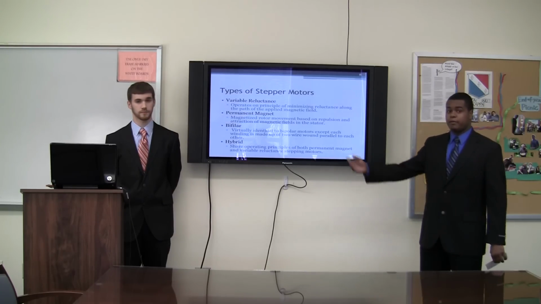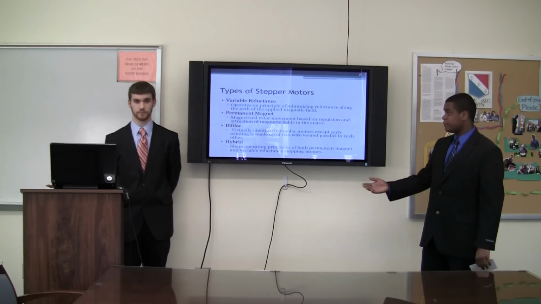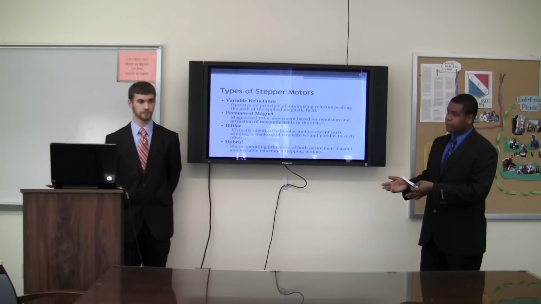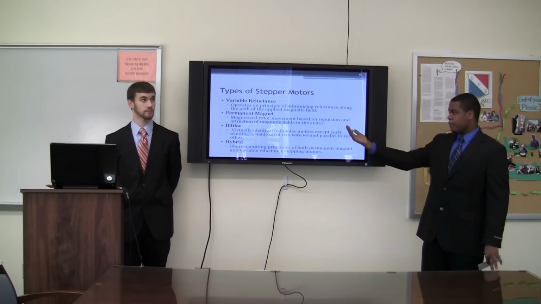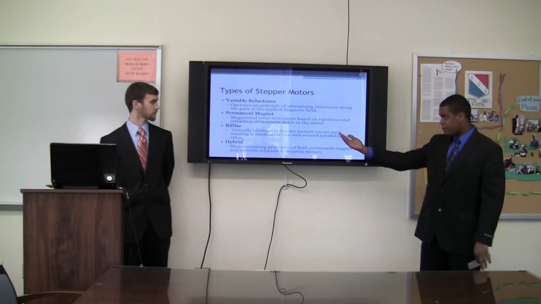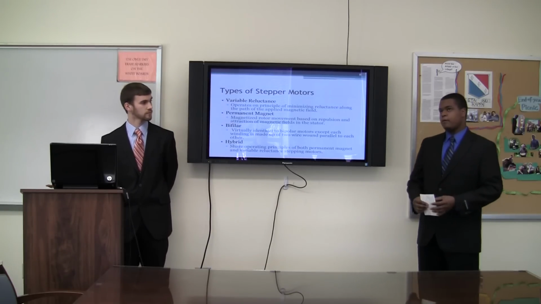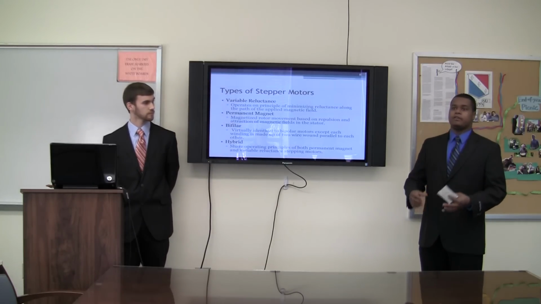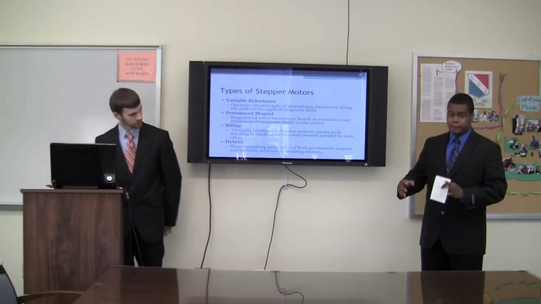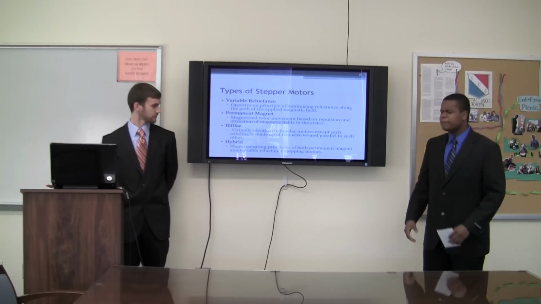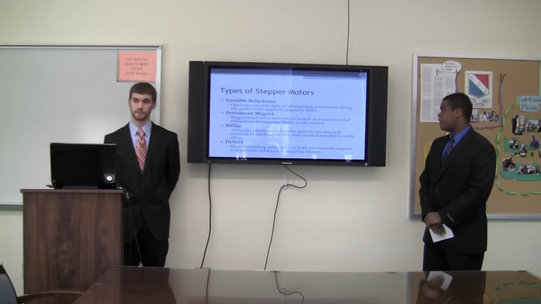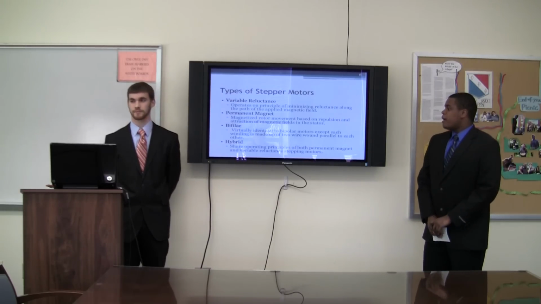variations of stepper motors. You have a variable reluctance, which moves from the highest reluctance to the lowest reluctance when you apply a magnetic field. And then you have a permanent magnet motor, which has a rotor and a stator with a permanent magnet inside of it, and it moves on the basis of repulsion and traction with the magnetic fields in the stator.